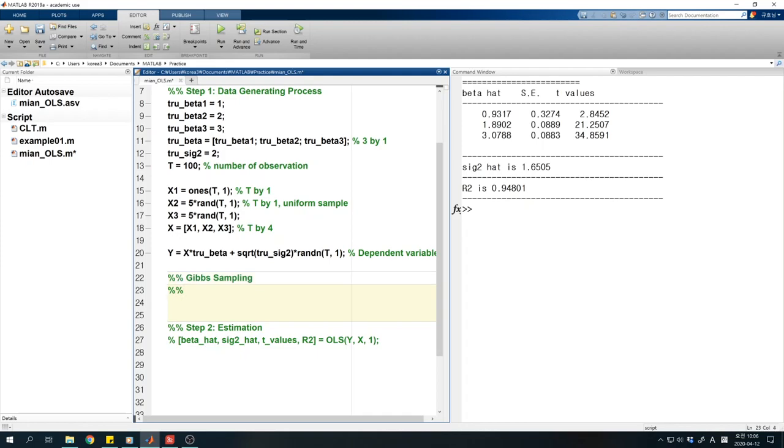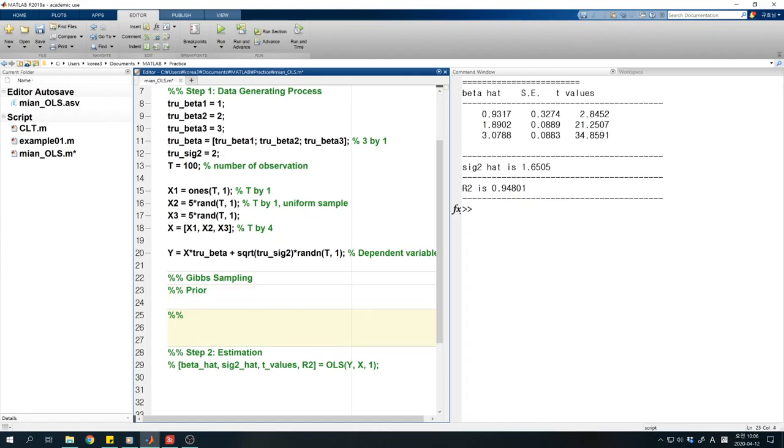We have to specify what? The prior. We are going to specify the prior or hyperparameters, right? And then the next is posterior sampling. So that means hyperparameters.